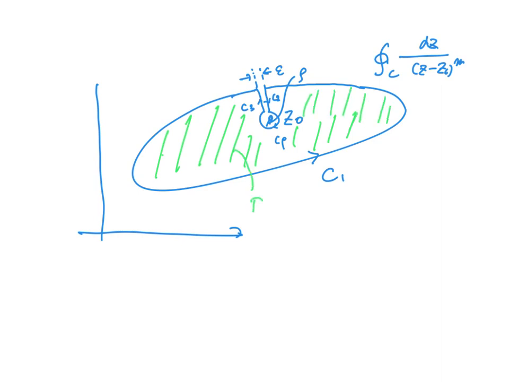This is your domain. So C1 plus C2 plus C0 plus C3 becomes C as epsilon goes to 0.